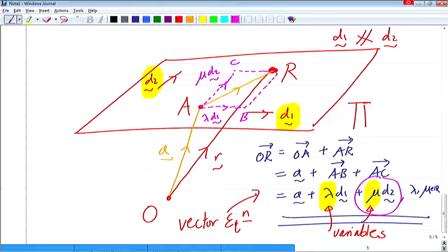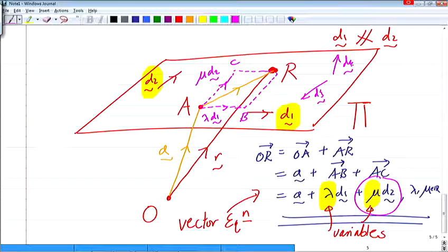Whereas for planes, if I have two direction vectors, do you think that these two are the only two? Can I have another pair of direction vectors that will still be parallel to the plane? Sadly, yes. I can have something like this is D3, for example, and let's say this is D4.